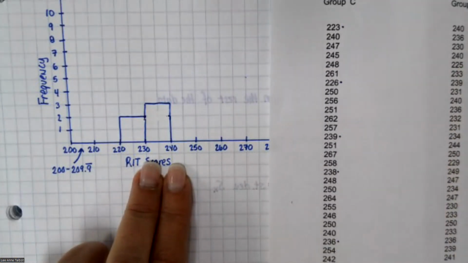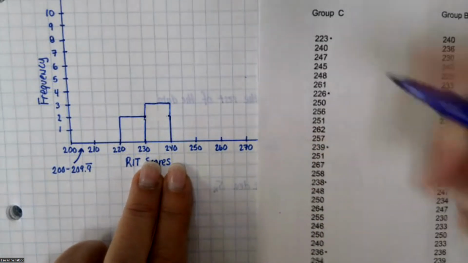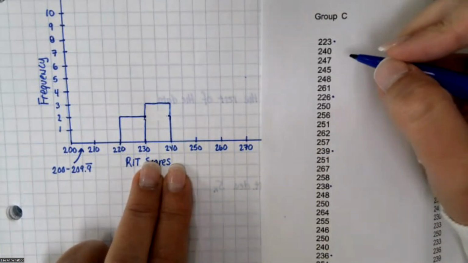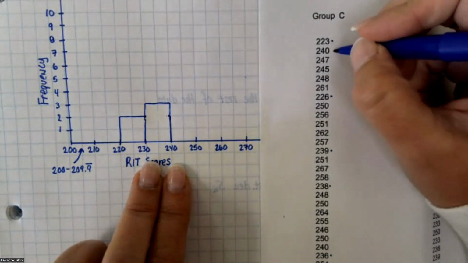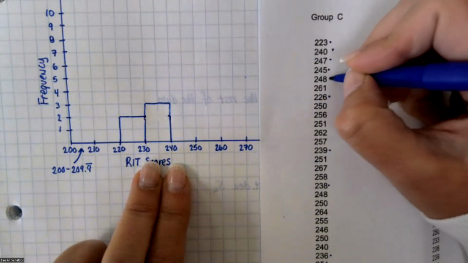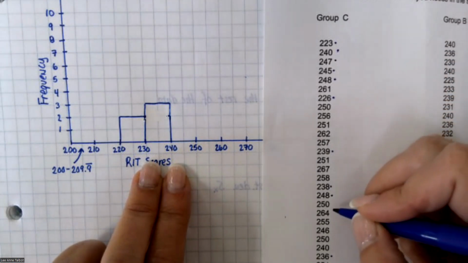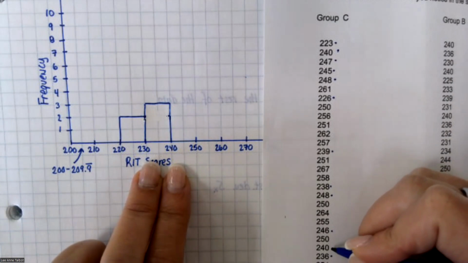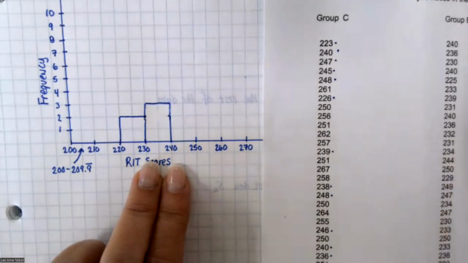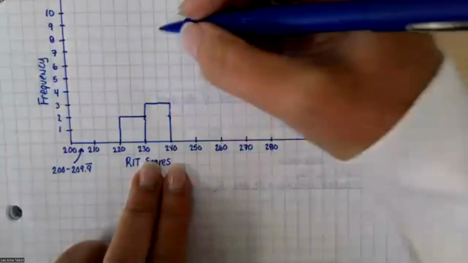Okay. So how many in the 240s? Can you guys at table 3 stop talking, please? I cannot focus. 1, 2, 3, 4, 5, 6, 7, 8, 9. Okay, thank you. Thank you for checking me.